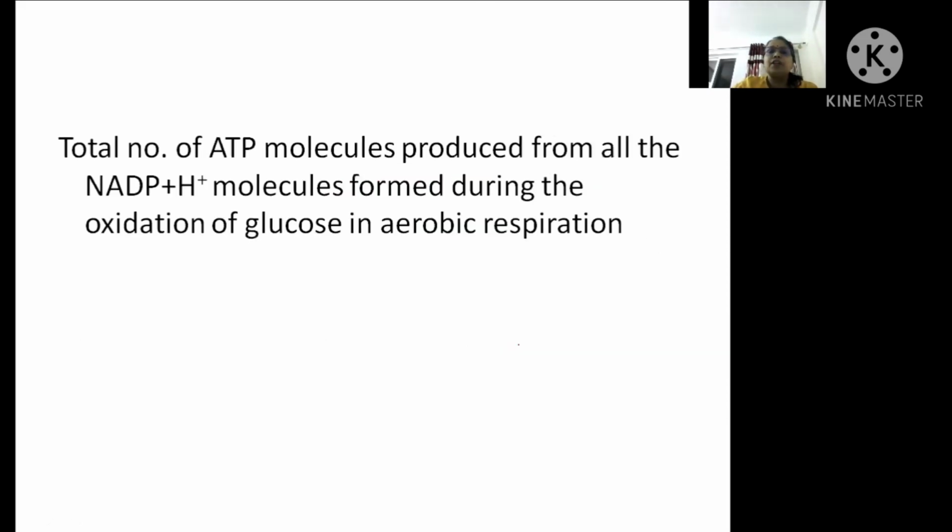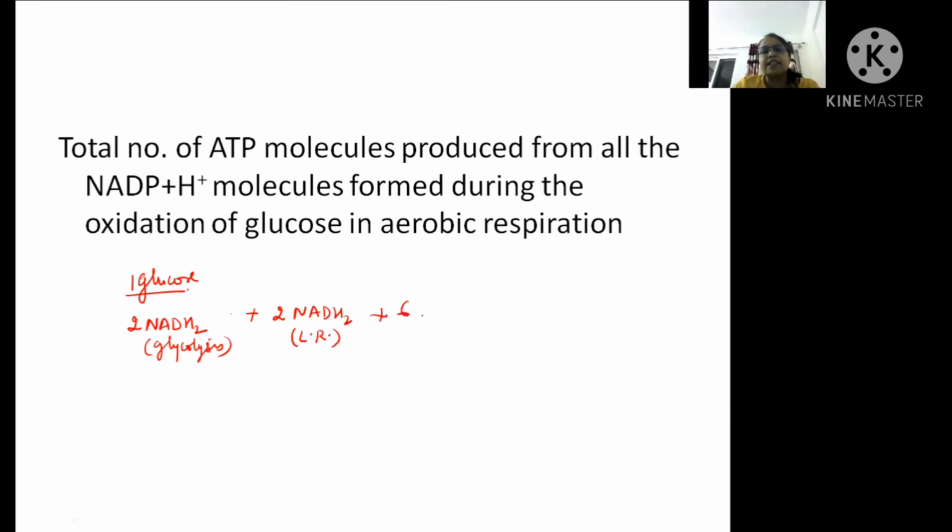Now, next question is, total number of ATP molecules produced from all NADH formed during oxidation of glucose. So see carefully, from one glucose, how many NADH are we getting till the end? One glucose is giving 2 NADH in glycolysis. And then we are getting 2 NADH through link reaction because 2 link reactions we have to do.